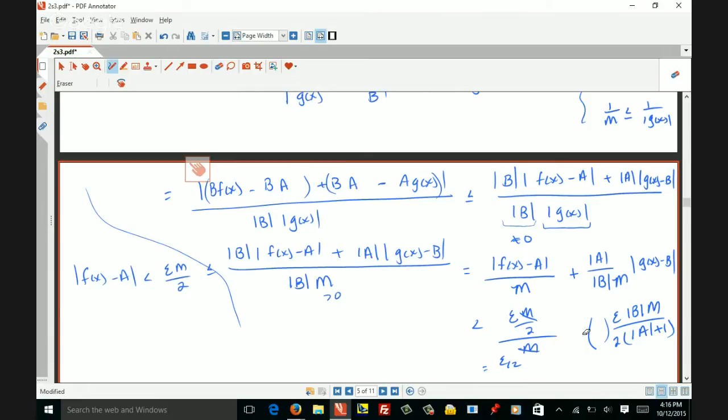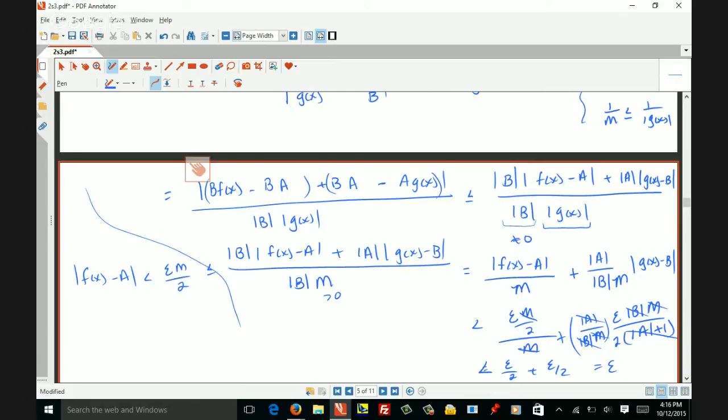Let me see if I can squeeze that in. So you know the M is going to cancel, the absolute value of b is going to cancel. The a over a plus 1 is less than 1. So then that's going to be less than epsilon over 2 plus epsilon over 2, which is equal to epsilon.